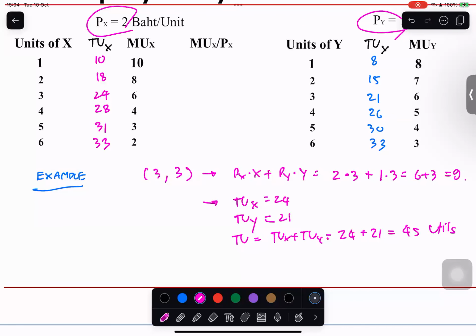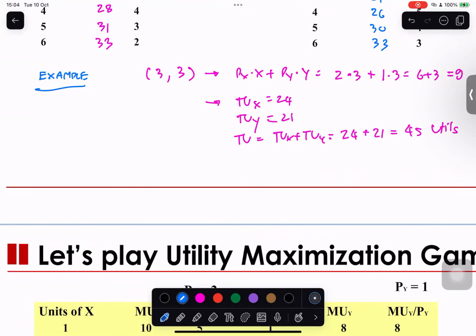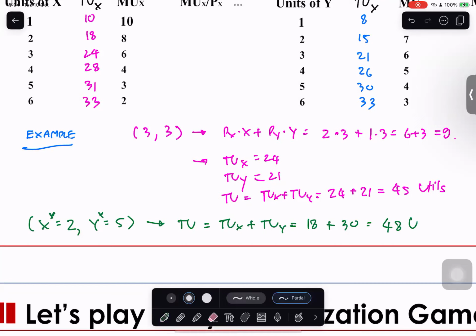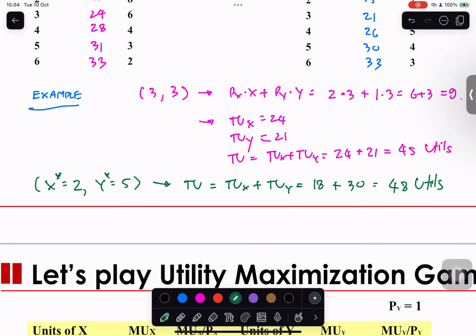Okay. 2X gives 18. 5Y gives 30. And this basket is affordable, spending up 9 baht. Utility is max.